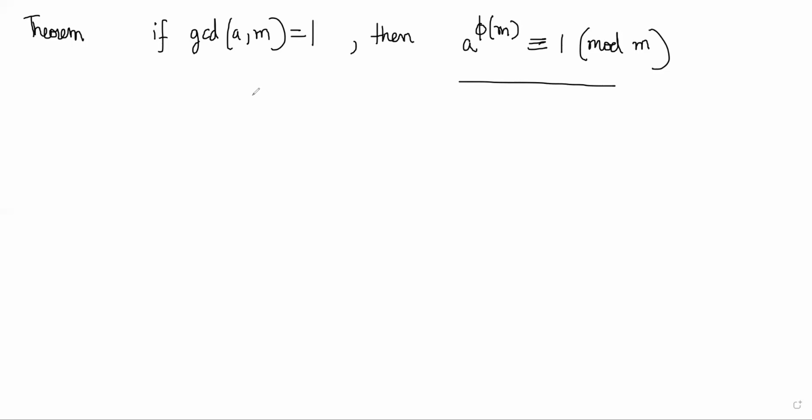So GCD of A and M is 1, and we want to show that A power phi of M is 1 mod M.